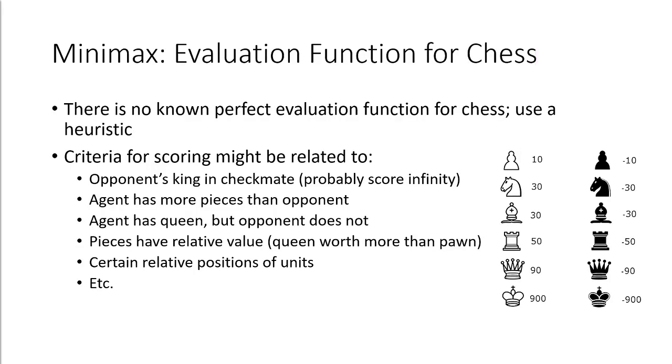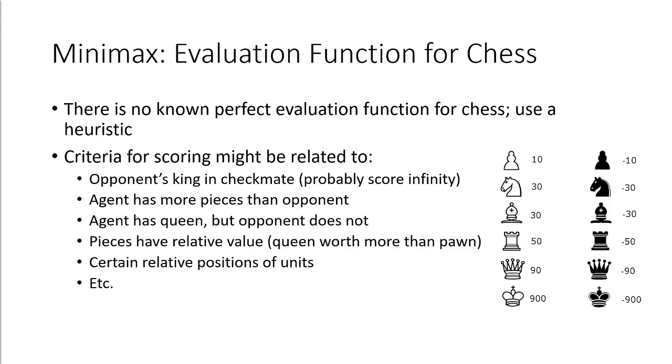All right. So in the case of chess, if there was a perfect evaluation function, then you wouldn't even need to be performing the search. But there are some reasonable strategies that you can use for creating your evaluation function, scoring the state of the board.